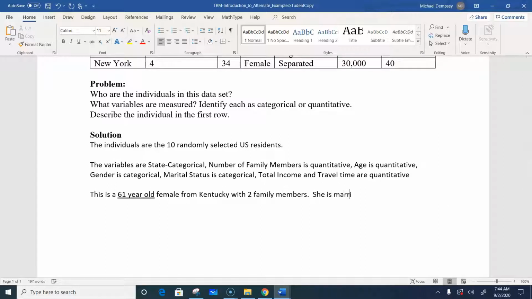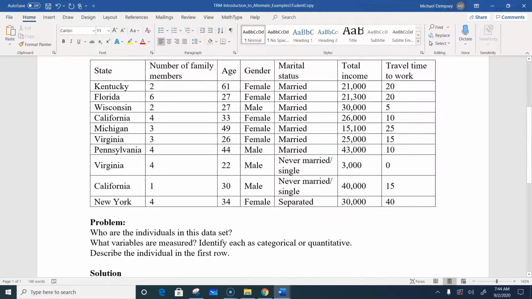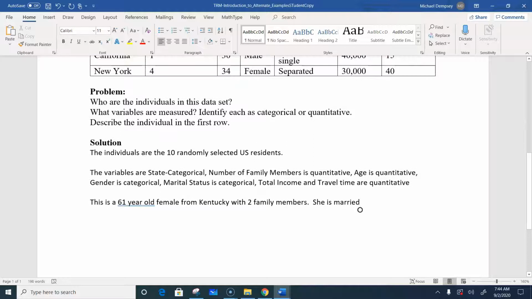She is married. Her total income is $21,000. She travels 20 minutes to work.